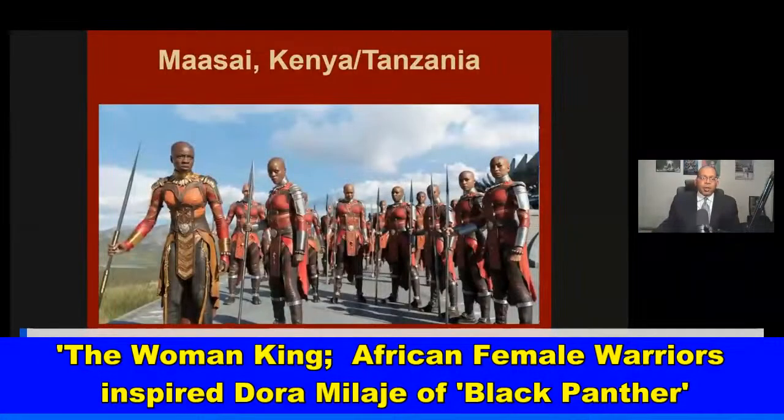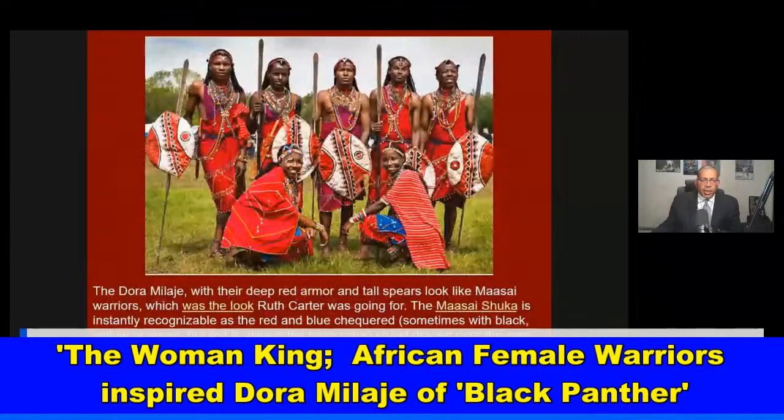All right. And then we know that the costumes of the Dora Milaje are inspired by the Maasai of Kenya. Okay. And the dress of the Maasai of Kenya and the colors from Kenya as well. The Dora Milaje with their deep red armor and tall spears look like Maasai warriors, which was the look that Ruth Carter was going for.